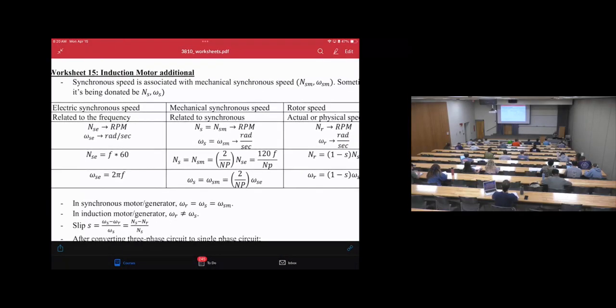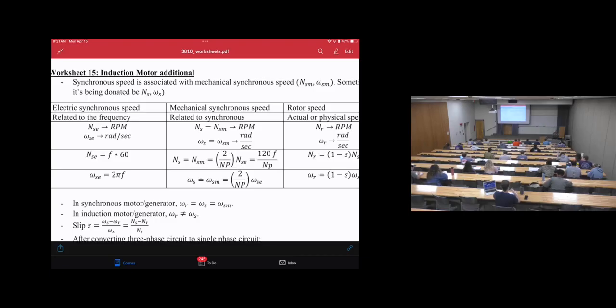Now, since I said that we have synchronous speed, we have rotor speed, right? So we have two speeds. And don't forget the electrical speed that we already have before. When we discussed the synchronous machine, we used to say we have two speeds, electrical and mechanical. And we said the mechanical is the same as the synchronous, the same as the rotor.